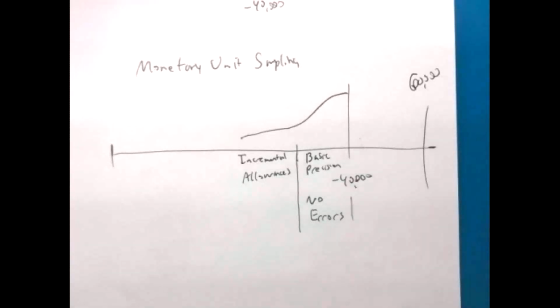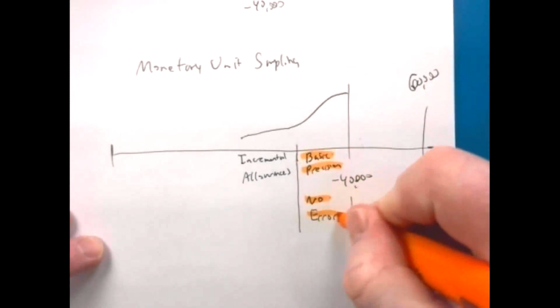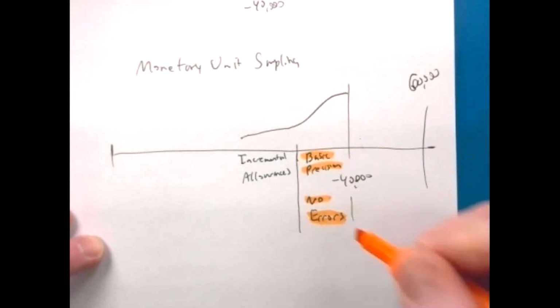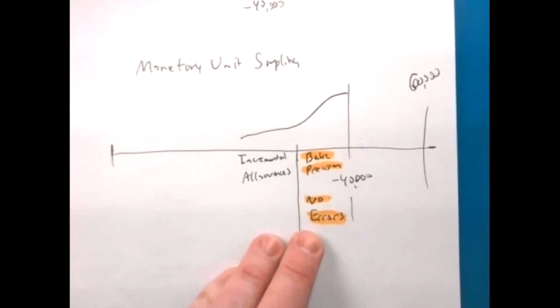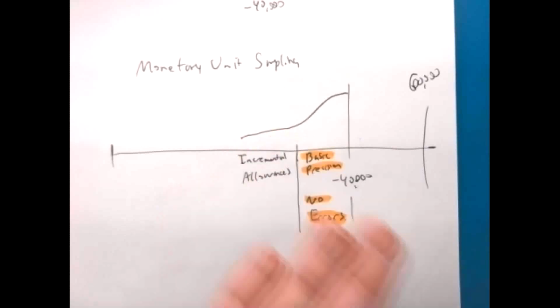So basic precision is if there are no errors that we find. We don't find any errors, it could still be off by some, just because it's a sample.